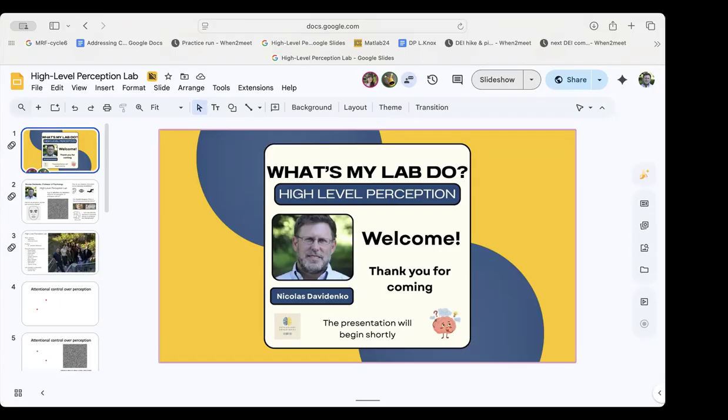Then once I got to UC Santa Cruz, I started investigating a different phenomenon, which has to do with perception of motion. For this one, it's actually useful to do a little bit of a demo.